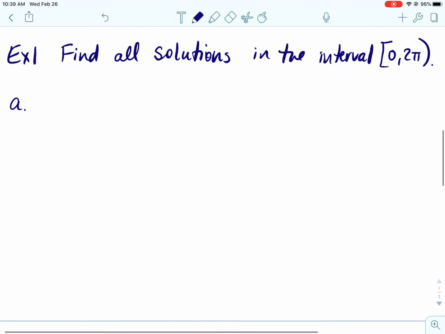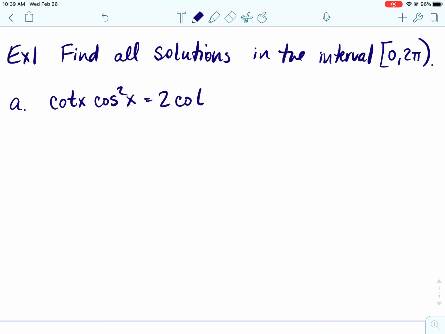All right, so our first one for A is cotangent of x cosecant squared of x equals 2 cotangent of x.